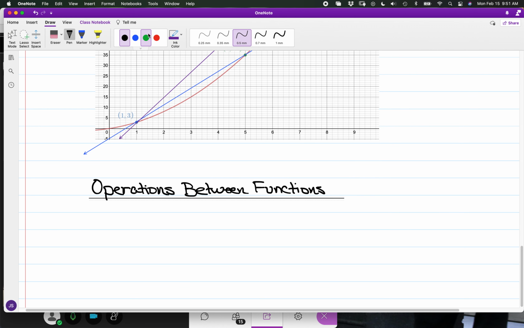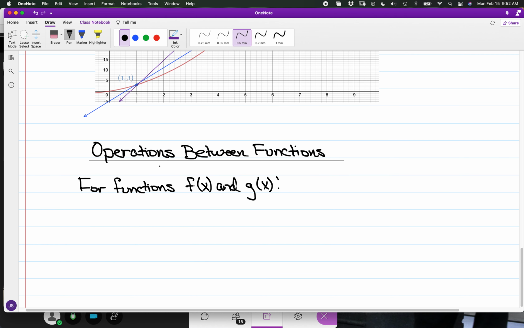So you have a couple of functions, f of x and g of x. Now we're going to start out with our operations: adding, subtracting, multiplying, as well as dividing.